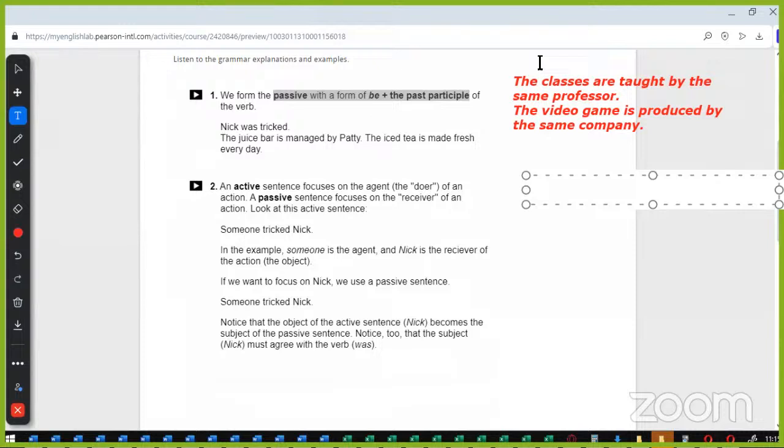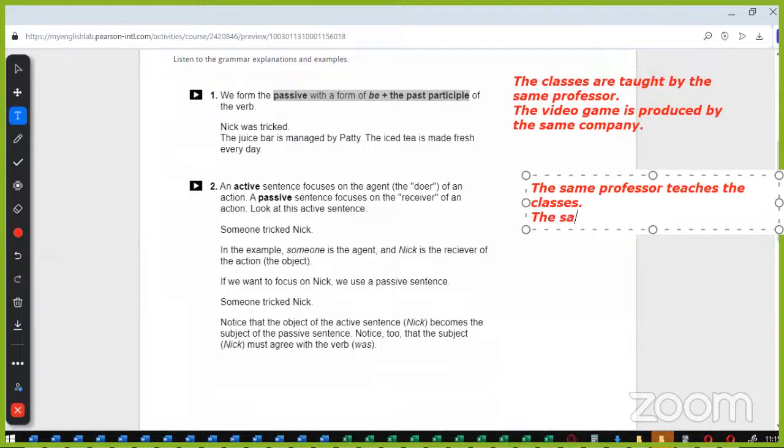So here also the active focuses on the agent and the passive on the receiver. So we could use the same sentence. The same professor teaches the classes.